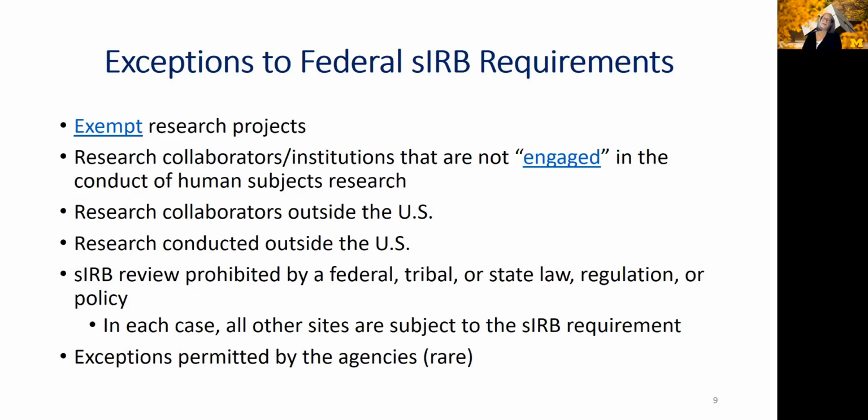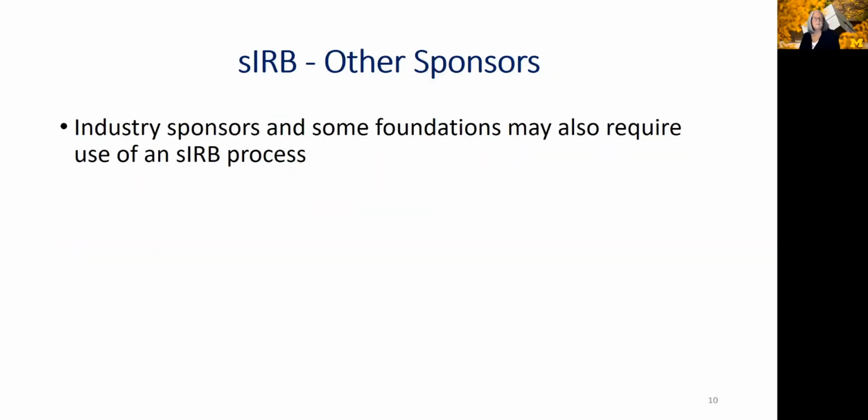And then both the common rule and the NIH requirements do permit the option of an exception to the single IRB requirement, but it's our understanding that it's quite difficult to get the federal government to make an exception to the single IRB requirement. I'll also note, although this is primarily focused on federal sponsors, that there are industry sponsors and some foundations that may also require the use of a single IRB arrangement.